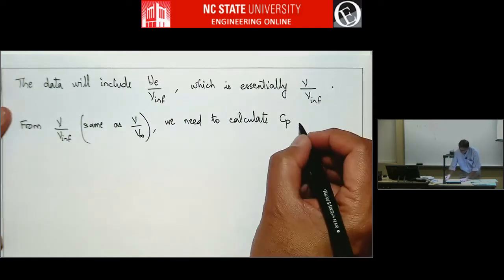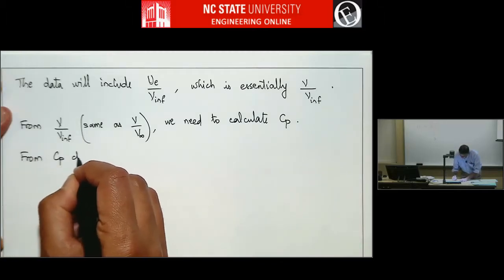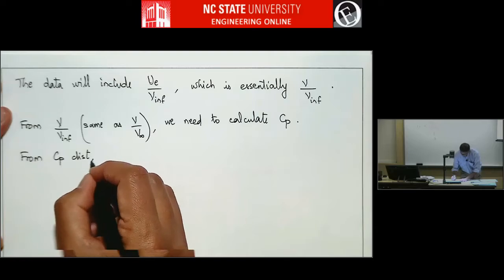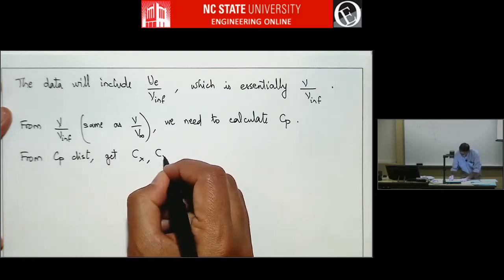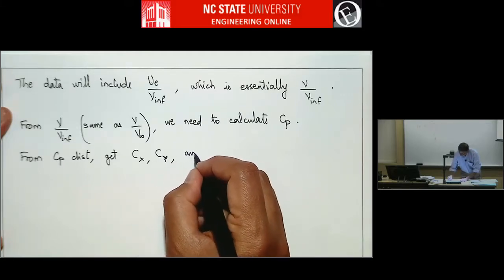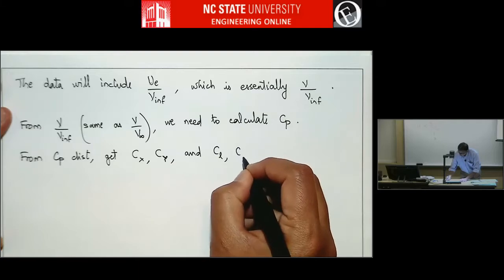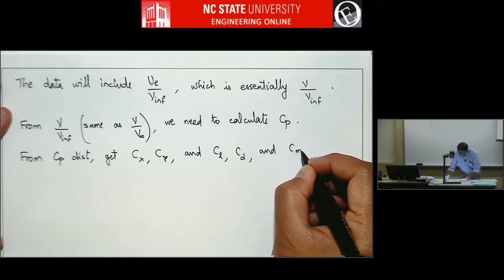And from the CP distribution, you can get CX, CY, and then from that we can get CL, CD, and CM c over 4.